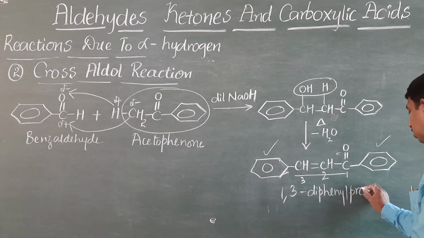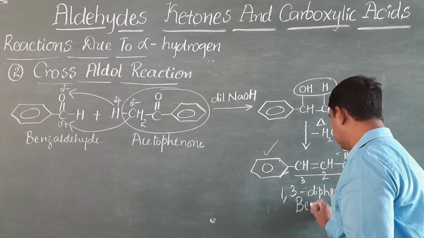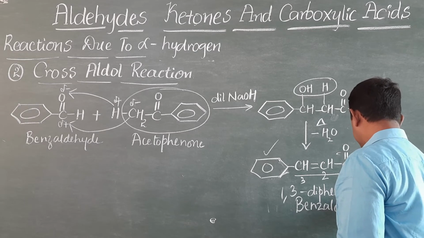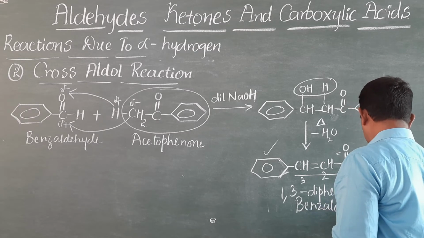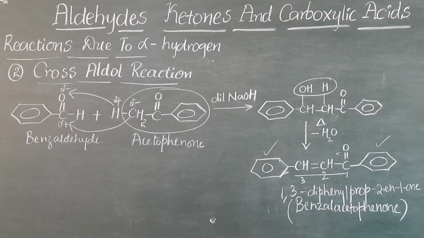The root word is prop. It is prop-2-en-1-one. Commonly it is called benzalacetophenone, because this compound is obtained by the reaction of benzaldehyde and acetophenone.